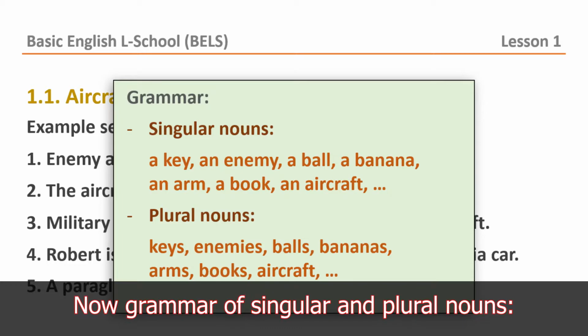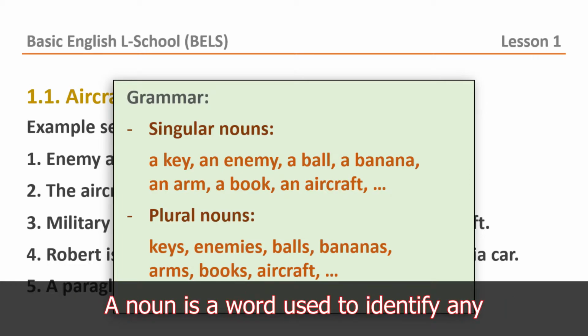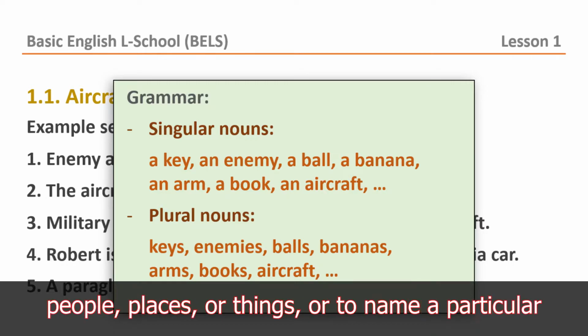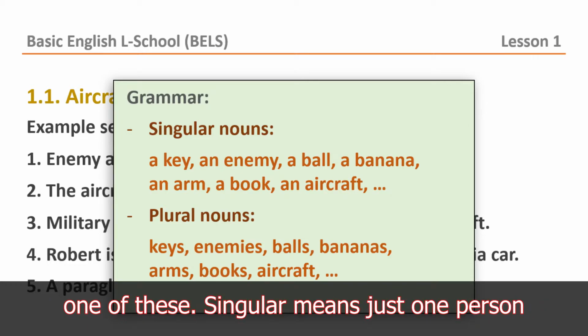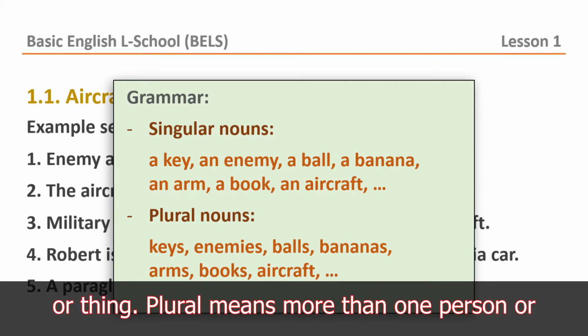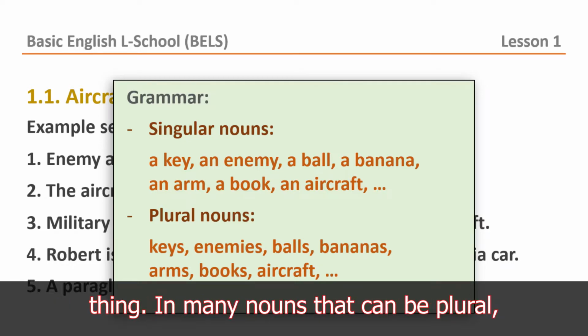Now, grammar of singular and plural nouns. A noun is a word used to identify any people, places, or things, or to name a particular one of these. Singular means just one person or thing. Plural means more than one person or thing.